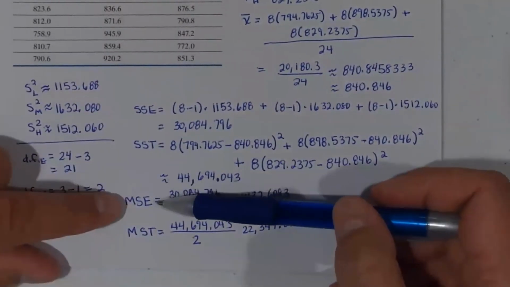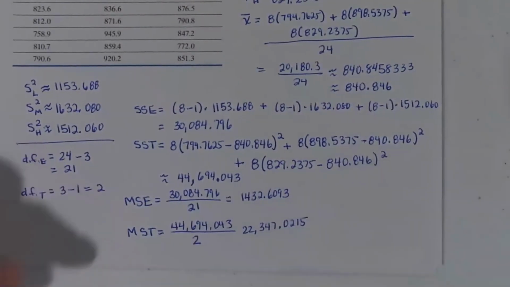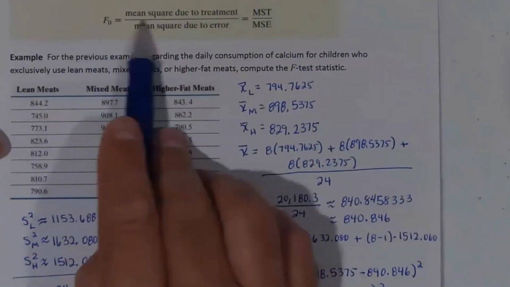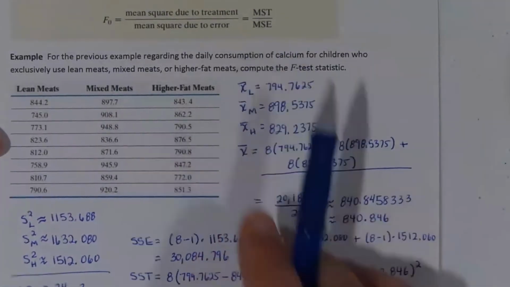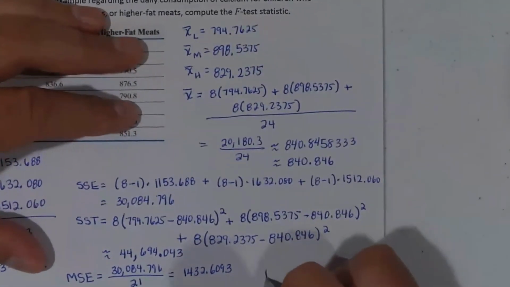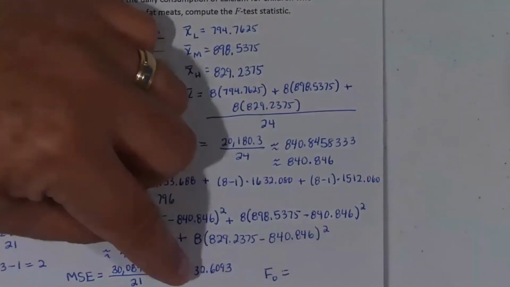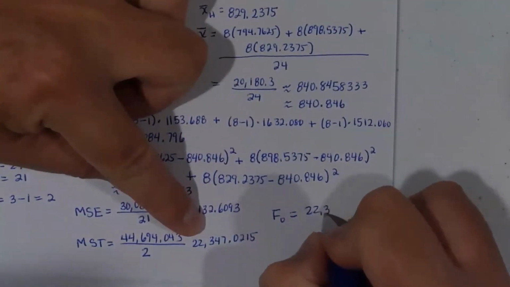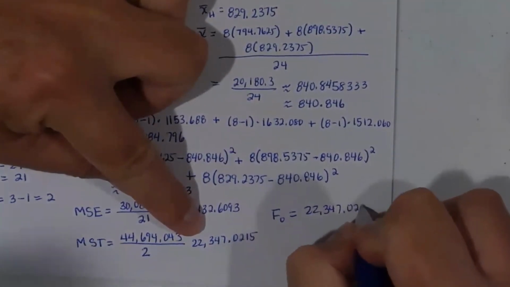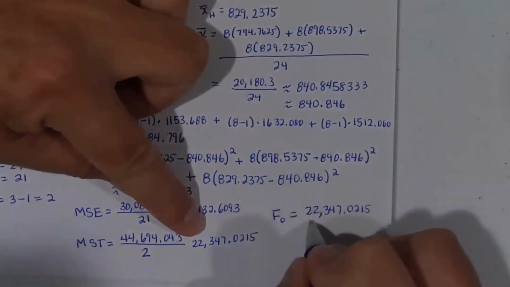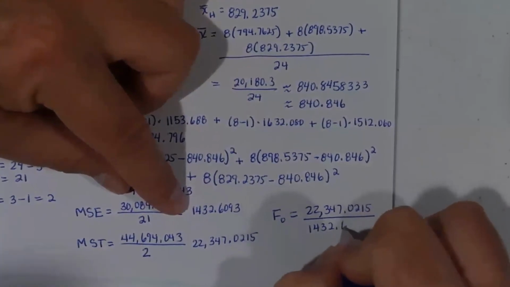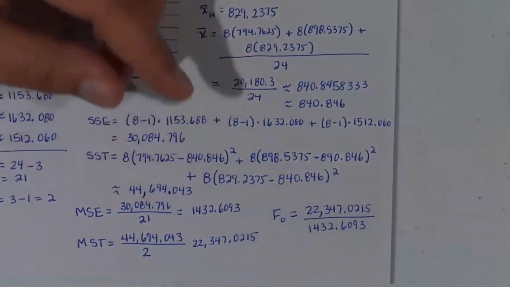So I have the mean square due to error, and I have the mean square due to treatment. Last but not least, to calculate our F statistic, I'm just going to take the MST divided by the MSE. So F naught is going to equal 22,347.0215, the mean square due to treatment, divided by 1,432.6093, the mean square due to error.